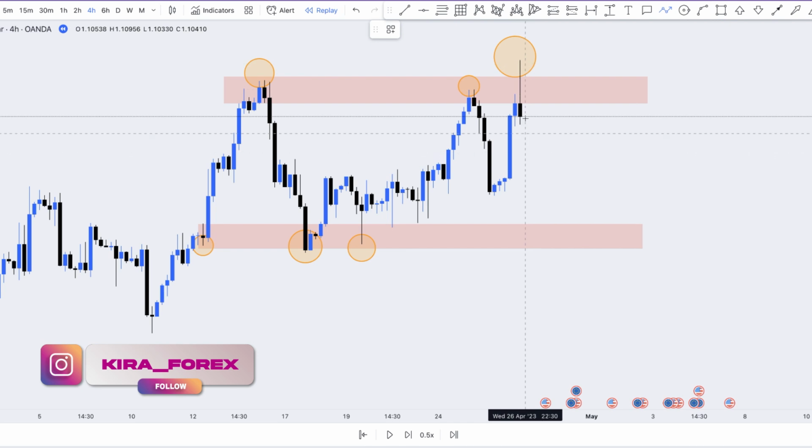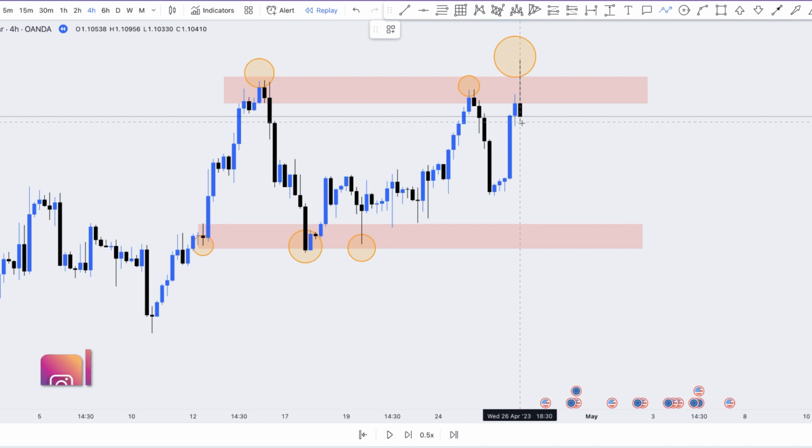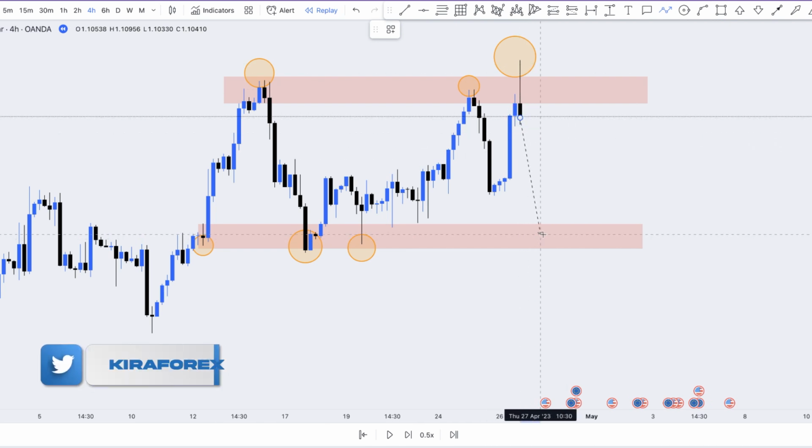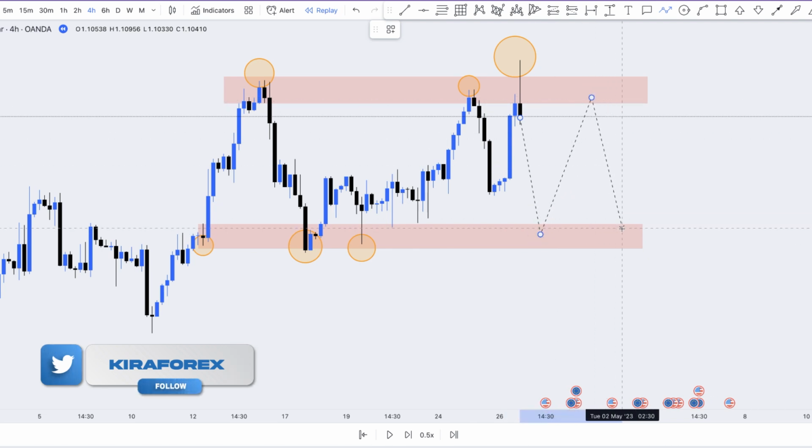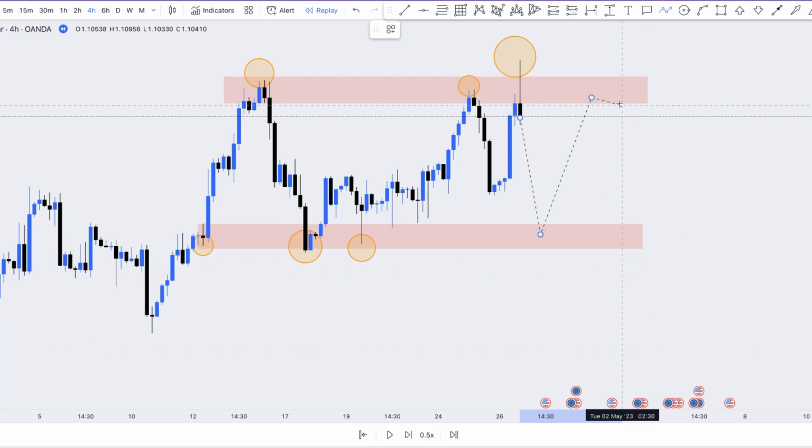Price can move back to the support level, back to the resistance level, then we can have maybe a breakout, a retest and continuation, or a breakout at the upside, a retest and also a continuation.